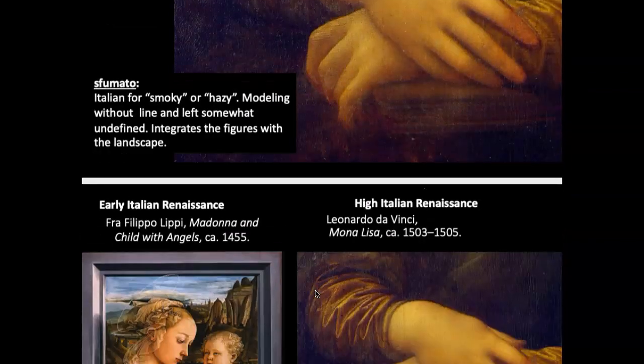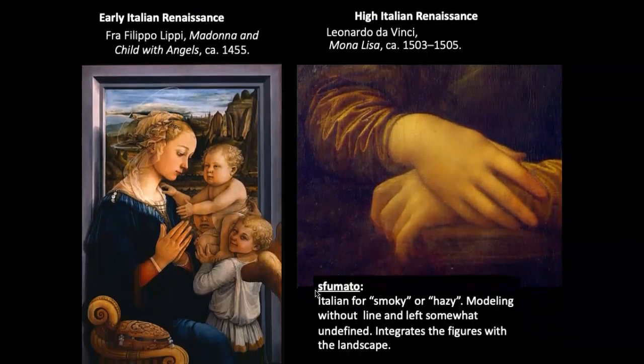Okay, here we go. This is an early Italian Renaissance painting by Fra Filippo Lippi, and we have a Madonna and child with angels. There's the Virgin Mary, there's baby Jesus, and he's being lifted up onto her lap.